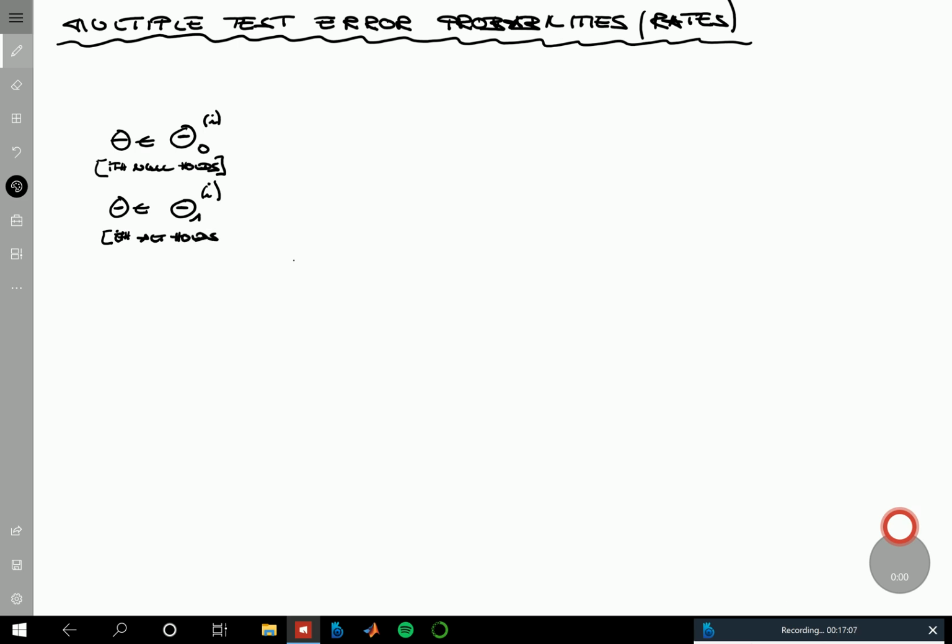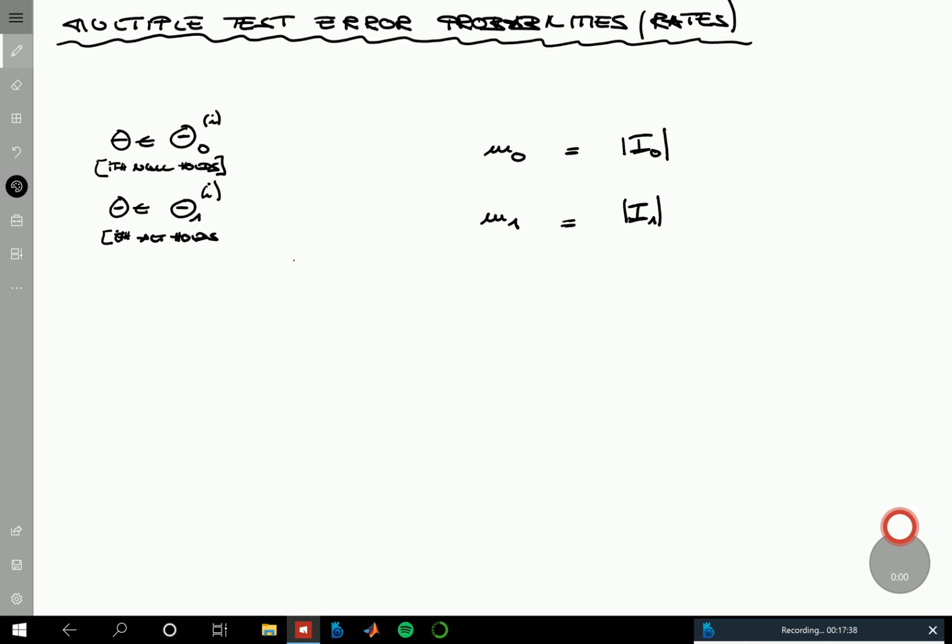And we already discussed that we call the total number of true null hypotheses M0, which is the cardinality of this null hypothesis set, and we call the total number of alternative hypotheses that hold M1, which was the cardinality of this index set I1.